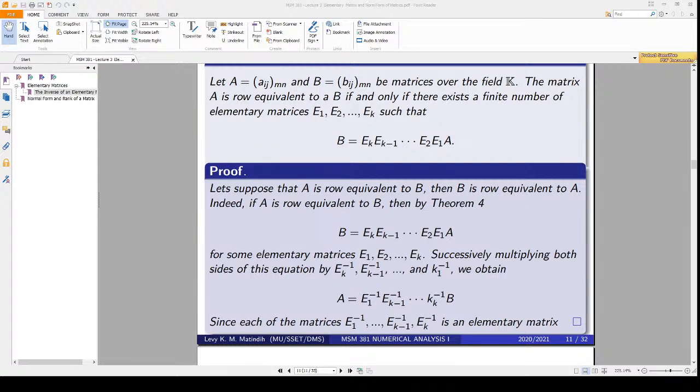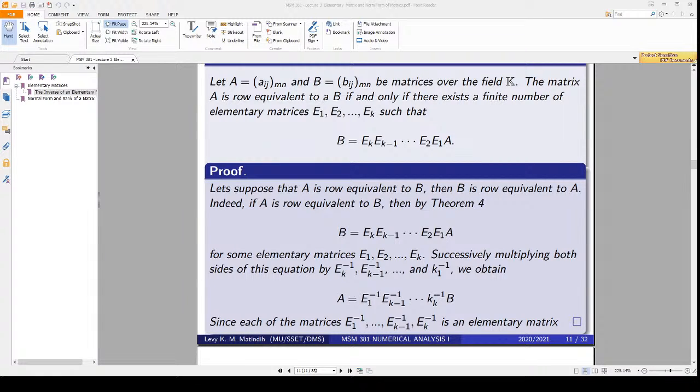basically, indeed, if A is row equivalent to B, then by theorem 4, remember what theorem 4 states? Theorem number 4 says that if we can obtain matrix B by applying a finite sequence of elementary row operations on matrix A, then this matrix B is the product of the elementary matrices with A. That's what that theorem says.